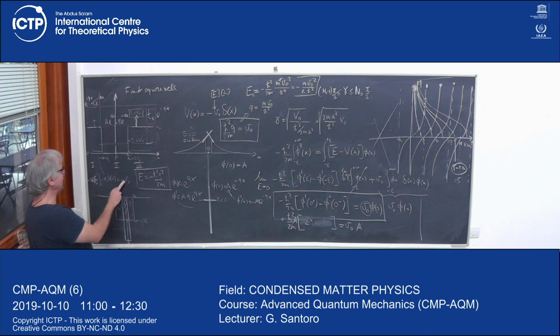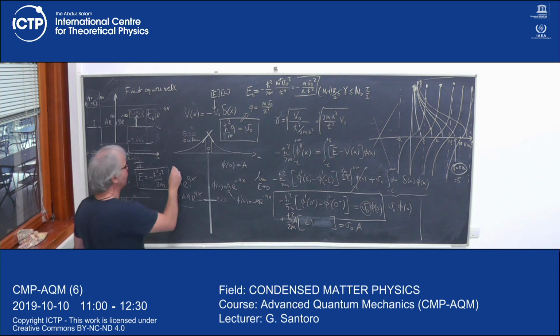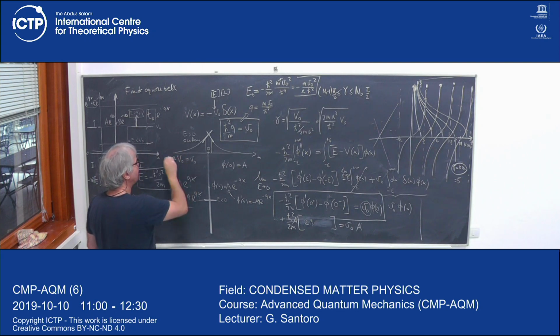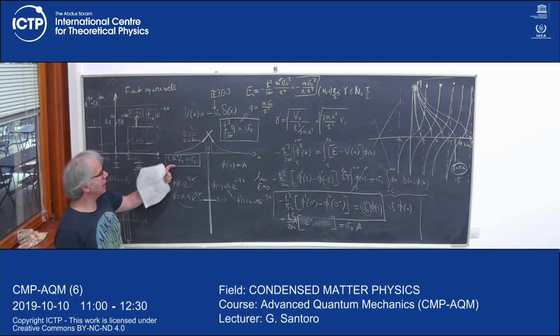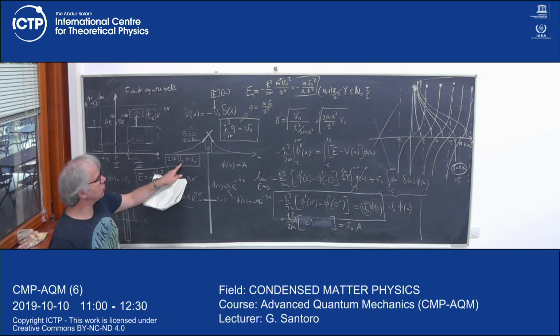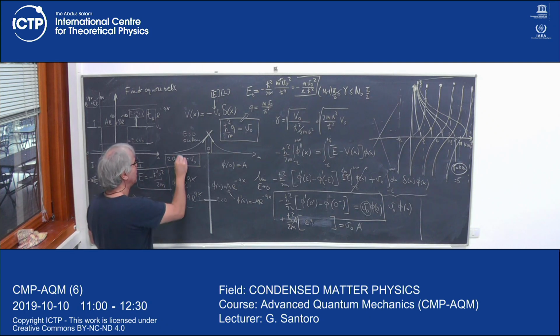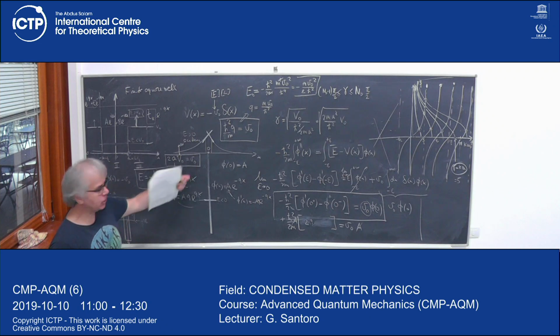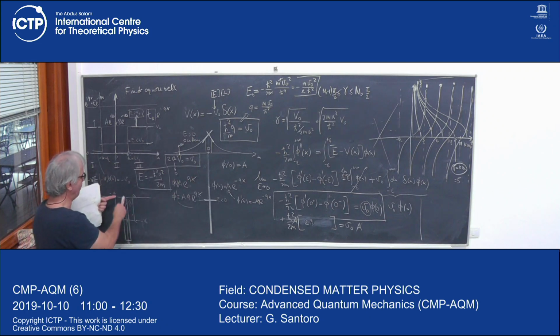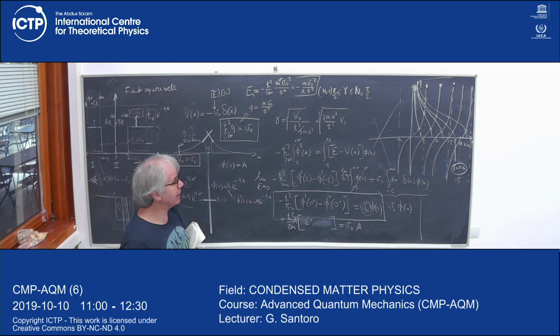So you see that there is a relationship between big V0, a, and v0, which is the following: a times V0 times 2 is equal to small v0. And the prescription is send a to 0, V0 to infinity, leaving the product constant and equal to v0. That's the prescription for going from this square well to the Dirac delta.